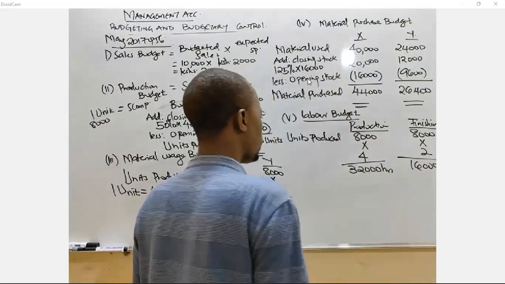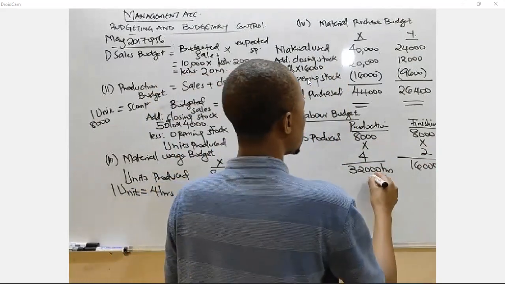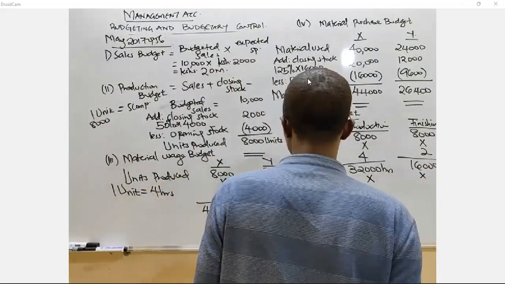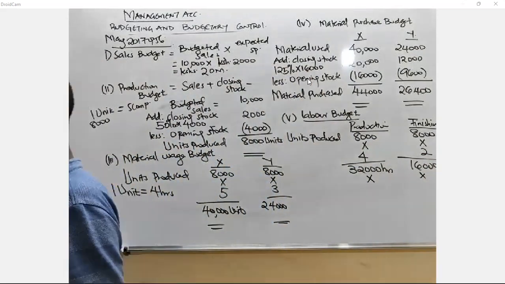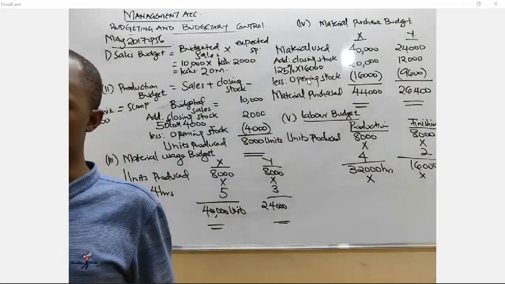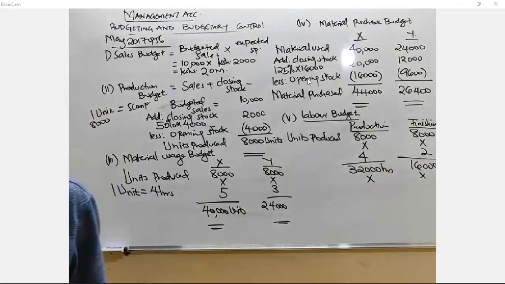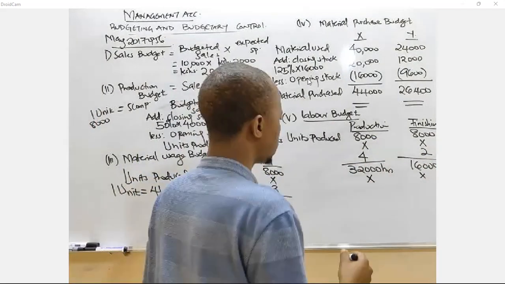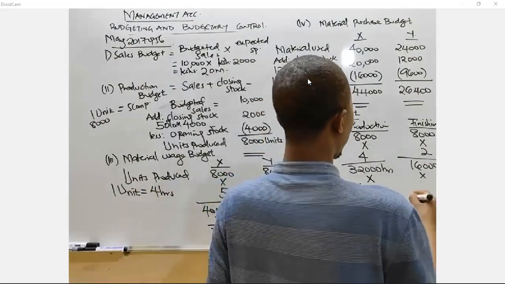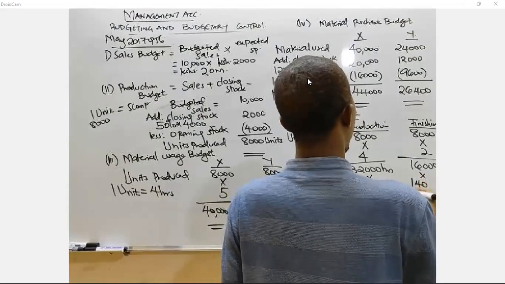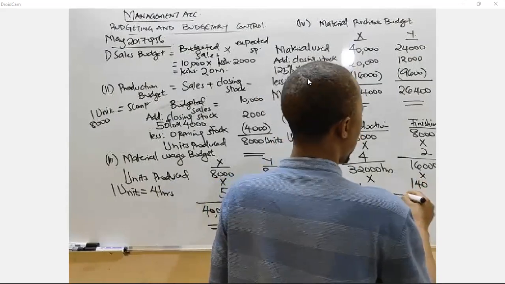So if we want to convert this into money, you just need to multiply by the cost per labor hour, the labor rate per hour. For production, we have been told the labor rate here is 100. And on the other side, we have been told it is 140. Very good.